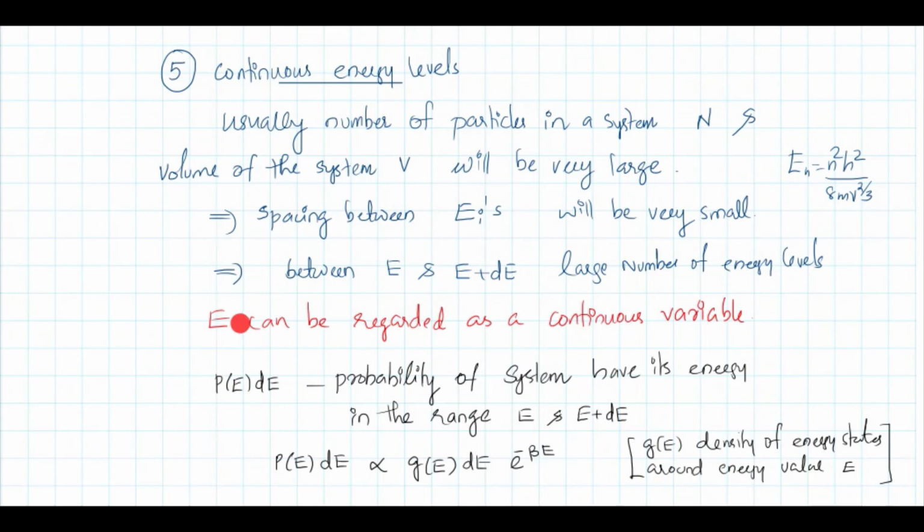So we can treat E as a continuous variable instead of a discrete one, and you can define P of E dE as the probability of the system having its energy in the range E and E plus dE.